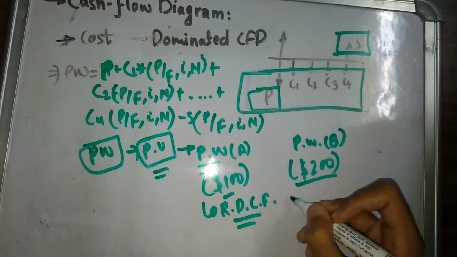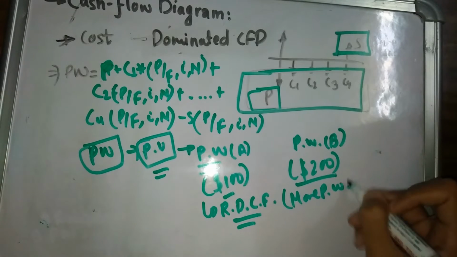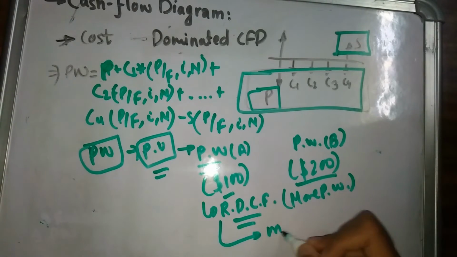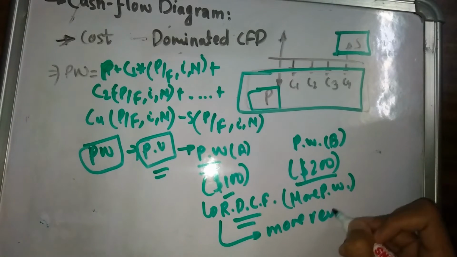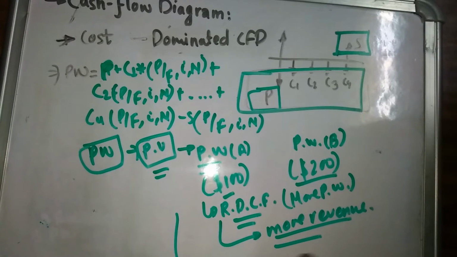in that case, the more the present worth, the better it is, because more present worth in a revenue dominated cash flow diagram means more revenue generated. But in a cost dominated cash flow diagram, more present worth simply means more cost.